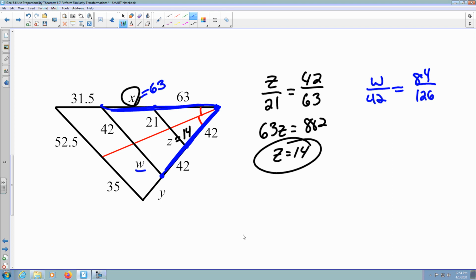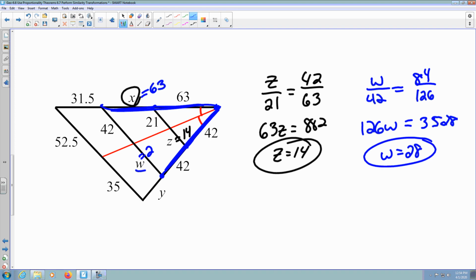Do the cross products, I get 126W is equal to 84 times 42, which is 3528, and divide everything by 126, I get W equals 28. So W is 28.